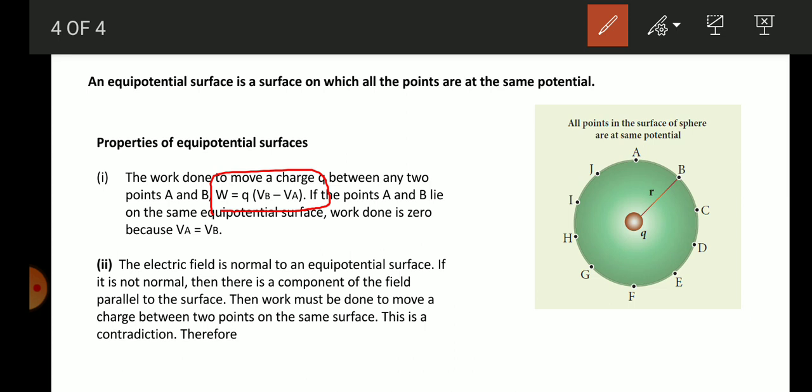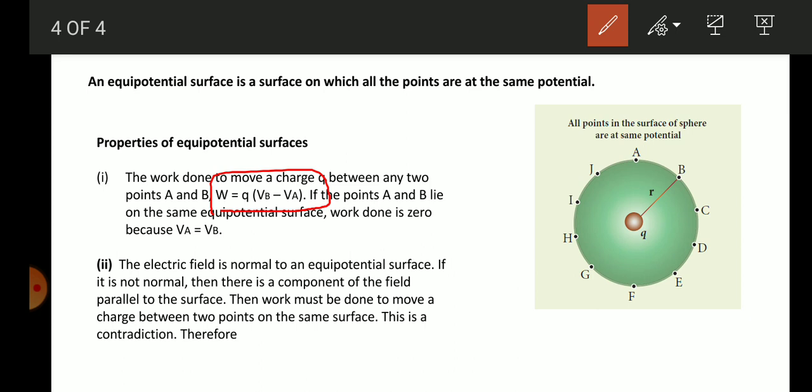The 1-mark question will be asked like this: if a plus 5 microcoulomb charge is moved from point A to B on an equipotential surface, then what is the work done? The work done is 0 because it is an equipotential surface. Okay, if it is not an equipotential surface, then you have to find the potential difference between point A and point B, take the subtraction and then multiply with the charge, then you will find the work done.